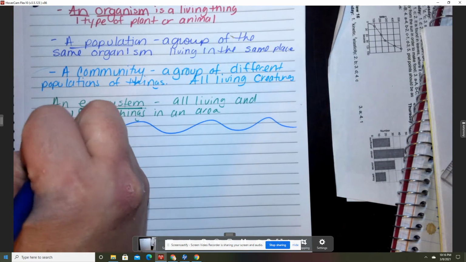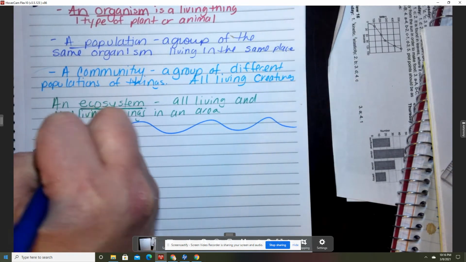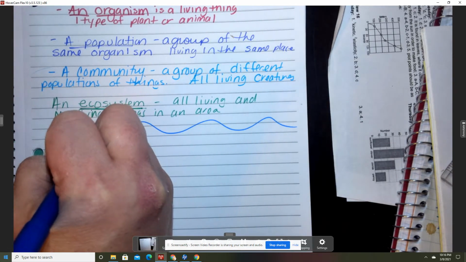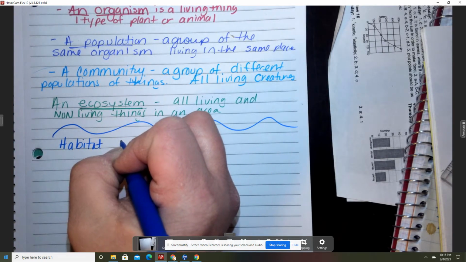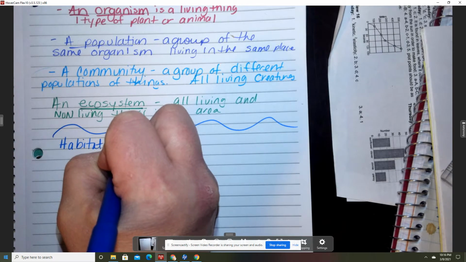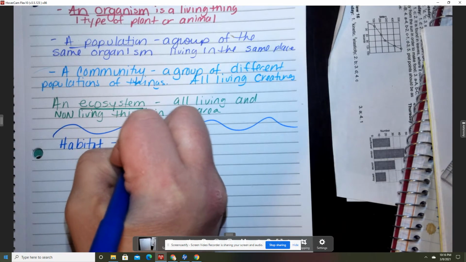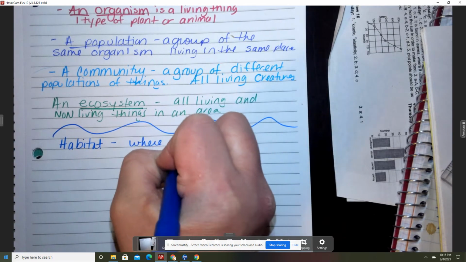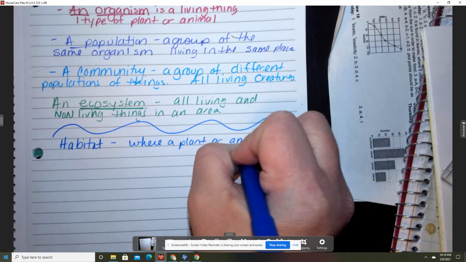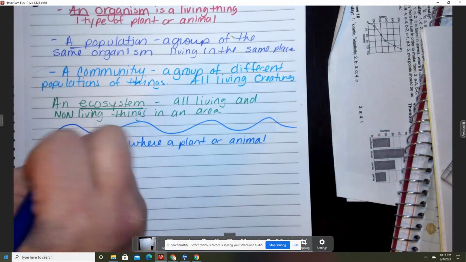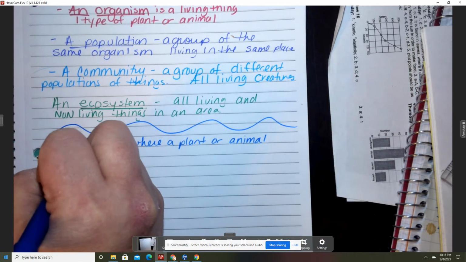Okay. So a habitat is where a plant or animal naturally lives.